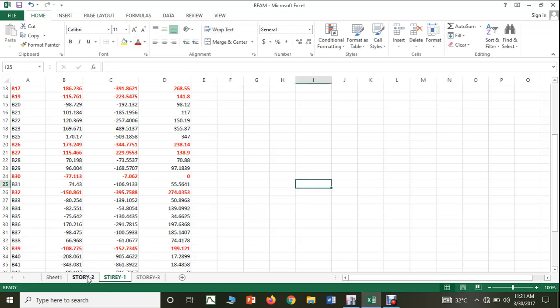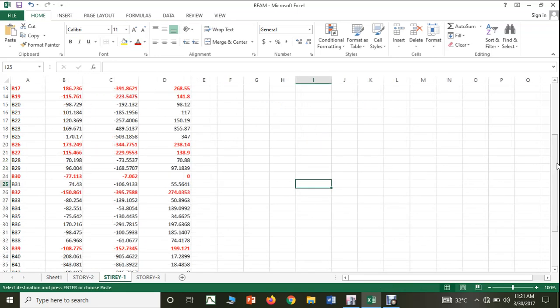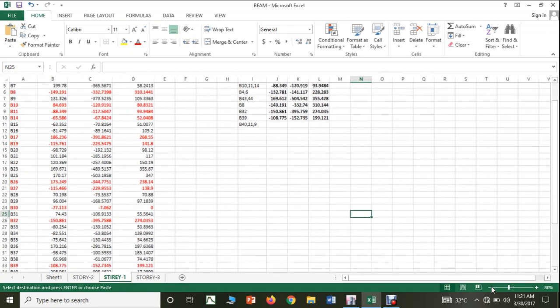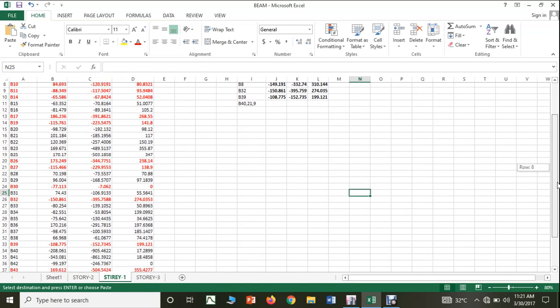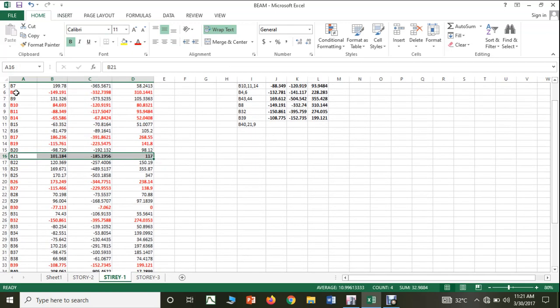Okay, so after that, next you have is beam 40, 21 and 9. Beam 40 is this, 21 and 9 here.